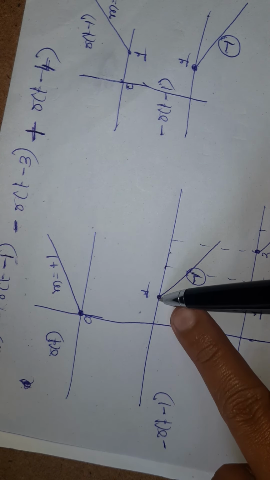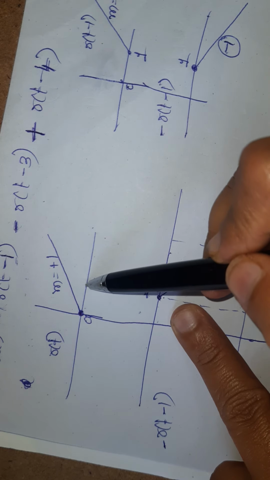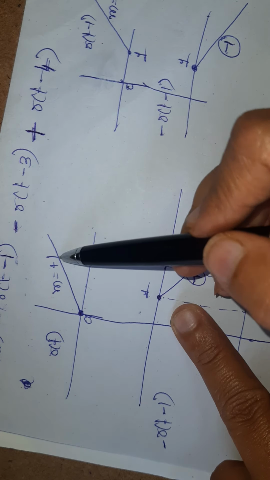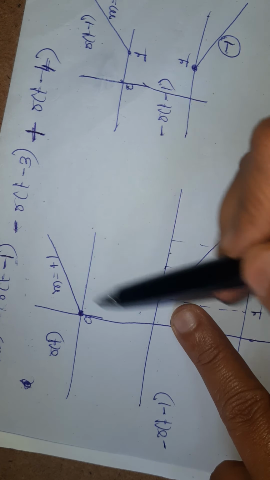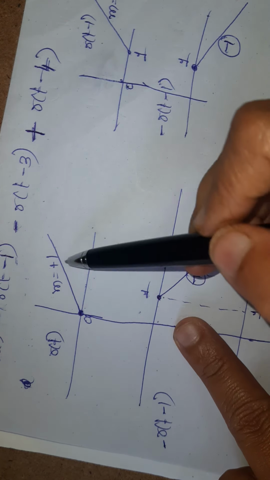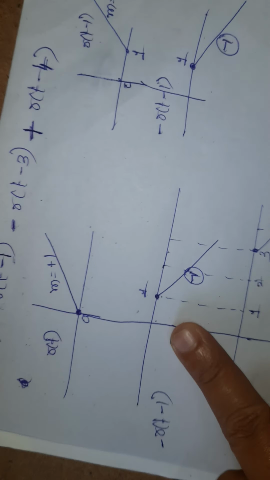So between 0 and 1, I am having only the rising signal with slope plus 1. So from 0 to 1, the signal will be present as it is.